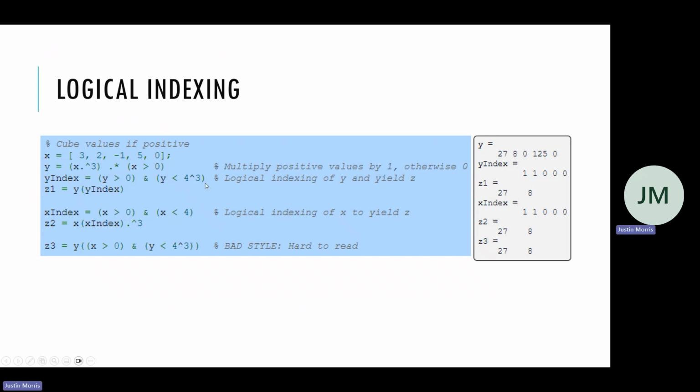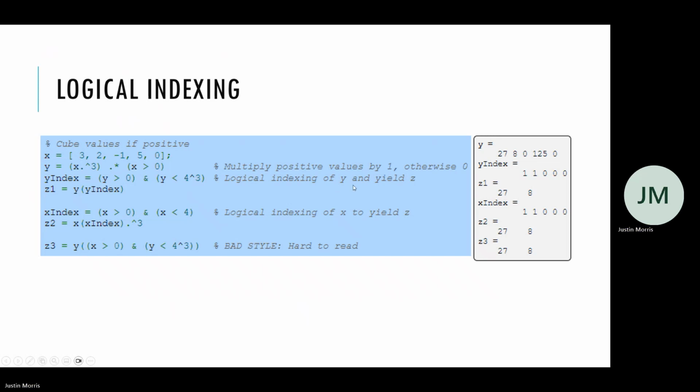So y index, what are we trying to get here? Where y is greater than 0, so again, positive, and where y is less than 64. So here we're going to create a new array, Z1, that is from y, all of those indexes where all of this was true.